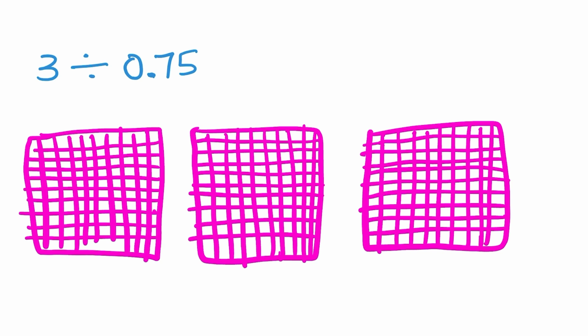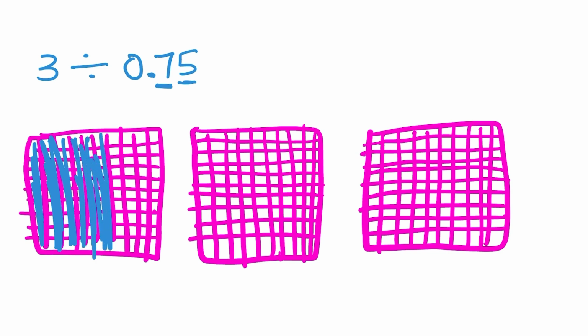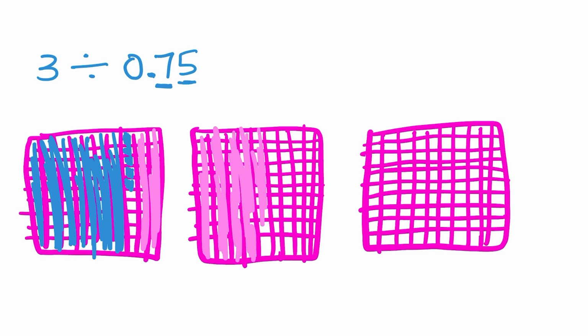I like to think of this as 7/10 and 5 hundredths to make it go a little faster. So 1, 2, 3, 4, 5, 6, 7/10 and 5 hundredths, 1, 2, 3, 4, 5. Okay, my next one, 7/10: 1, 2, 3, 4, 5, 6, 7, and my 5 hundredths: 1, 2, 3, 4, 5.